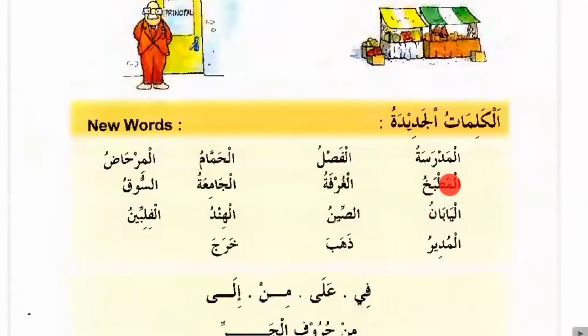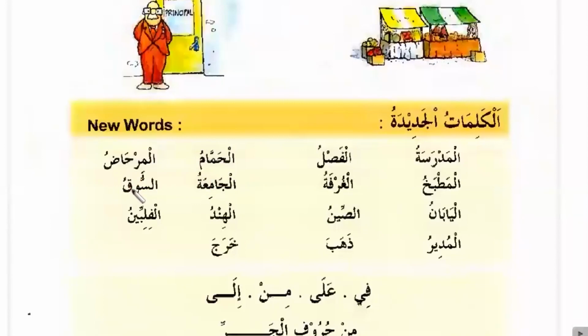Al-matbahu is the what? The kitchen, where they cook the food. They have al-ghurfatu, the room. Al-jami'atu, the university. So madrasatu is school. Jami'atu is specifically university. Okay.